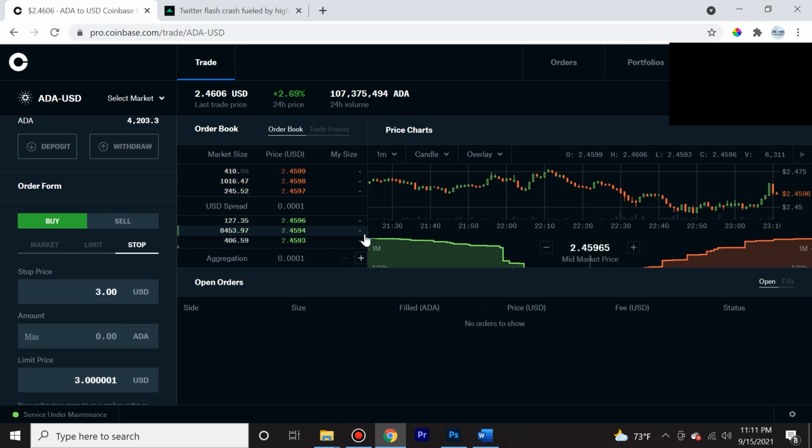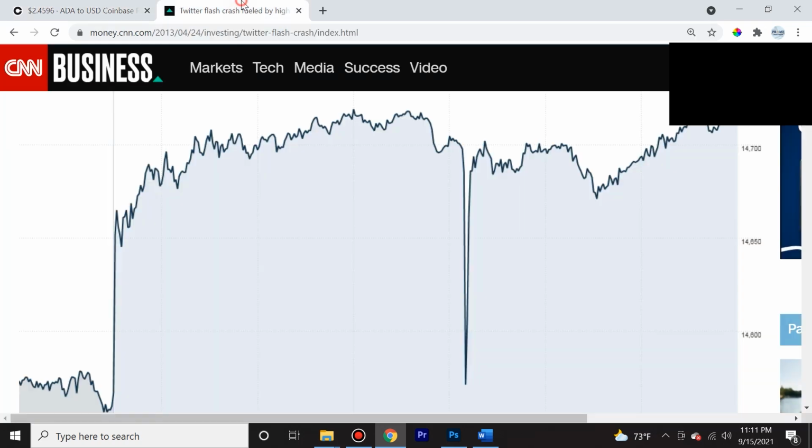Some of these strategies using limit orders and stop limit orders can help, but they can also hurt. Because think about it, if someone didn't have a stop order set at 14,600 and just waited this 10 minutes, hour, however long this period lasted, they would have been right back where they were.